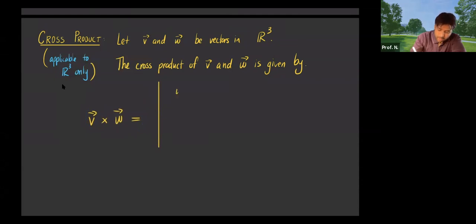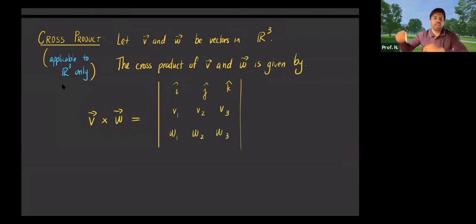It's given by i hat, remember i hat, j hat, k hat. And then we have V1, V2, V3, and W1, W2, W3. Remember, the vertical lines indicate determinant.